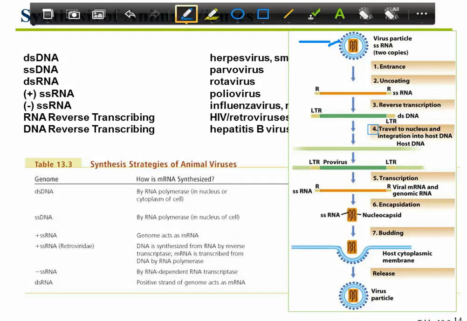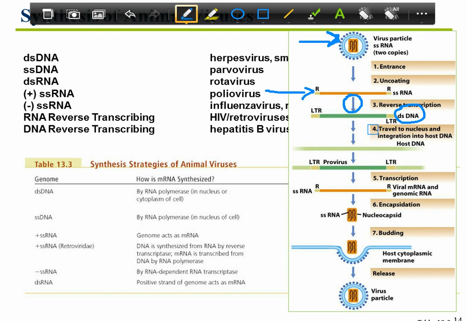The genome is in gold and black inside of the viral structure. Here it is right there, single-strand RNA. It now is going to be used as the template to make a DNA. Once it has one strand of DNA, that DNA strand is used to make the complementary DNA strand. So now we have double-stranded DNA.